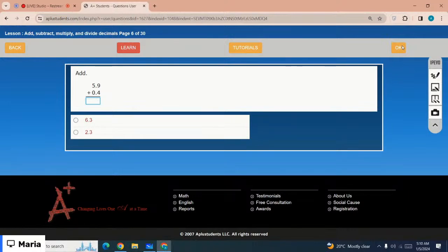You have to align the numbers on the basis of the decimal point. Their decimal places must be in the same position. You can simply add: 9 plus 4 is 13, 3, 1 carry, and 5 plus 1 is 6. So that is 6.3. You have to add. The correct option is 6.3, option number 1.